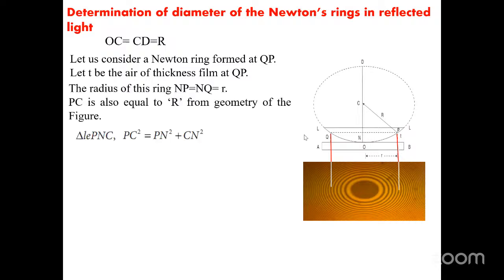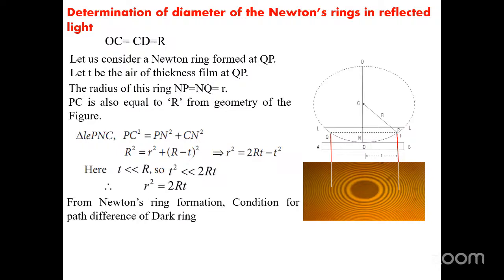So by considering all these cases, how to calculate the small r value? Here r square is 2Rt, and the condition for the path difference of the dark ring is n lambda. So r value is square root of n R lambda.